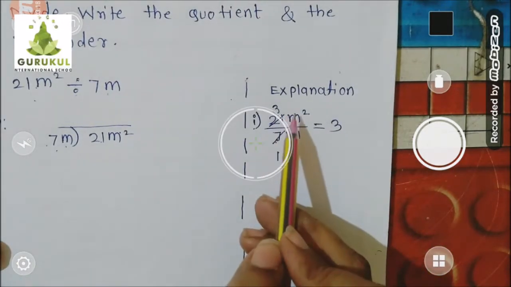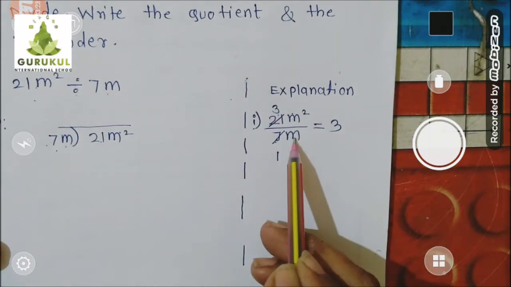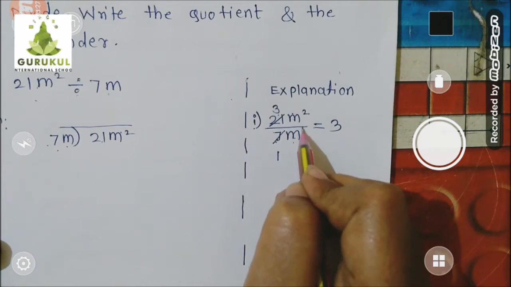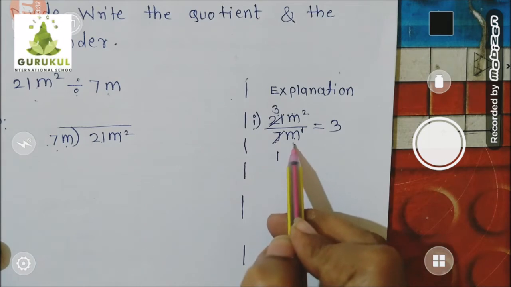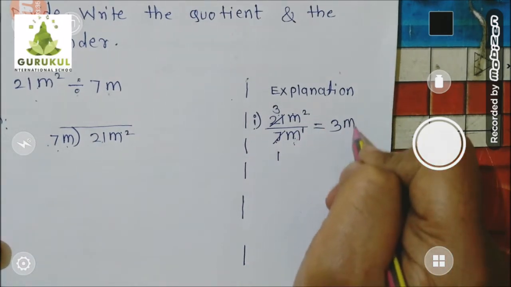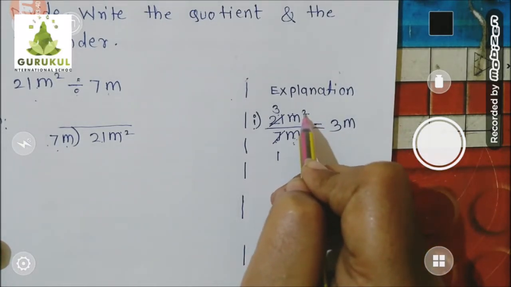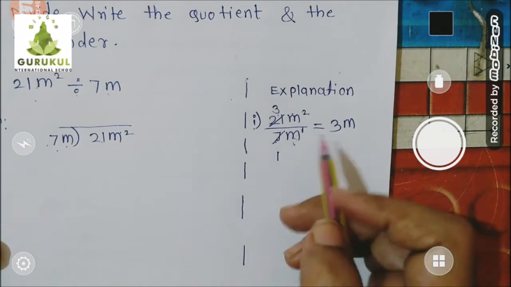Okay. Now divide these terms. This is m square and here only m is written, so it is considered as only a variable, meaning its power is always 1. So it is a division of m square upon m raised to 1. Now how to divide this? I will write m raised to the numerator's index divided by the denominator term's index.